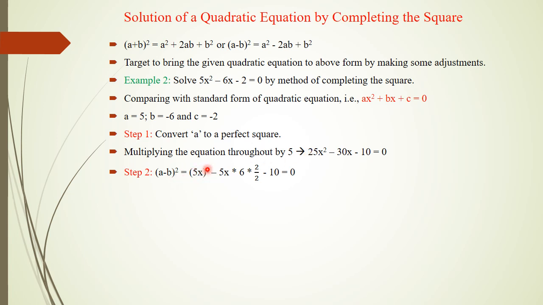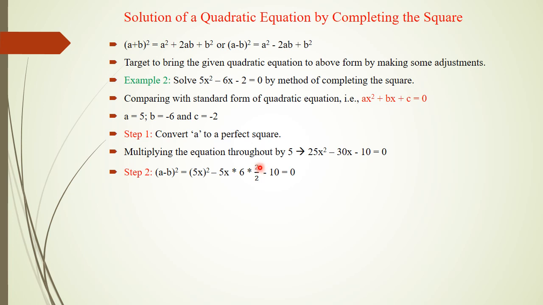As I did earlier in the previous method, it is 5x whole square minus, now I know the a term here, so I will take out that a term from this entire 30x. When I take out that a term, that is minus 5x outside, 6 will be remaining here. In order to introduce this 2, I'll multiply by 2 and again divide by 2.